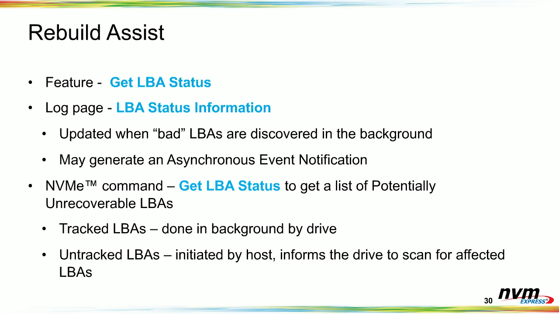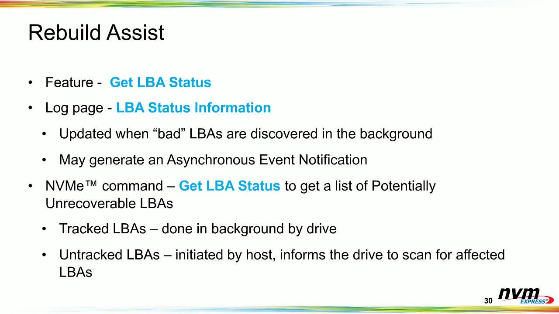On the next slide, we'll go into how you discover the bad LBAs in the background. This log page, when you update it, may actually generate an asynchronous event notification. And we'll talk about that a little bit more in detail as we go through this portion of the presentation.